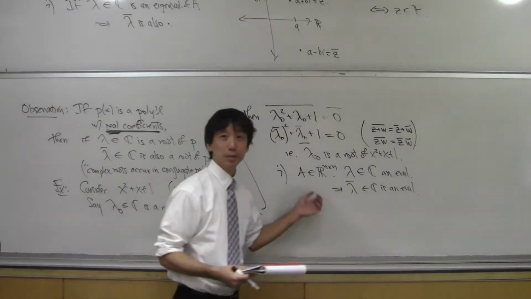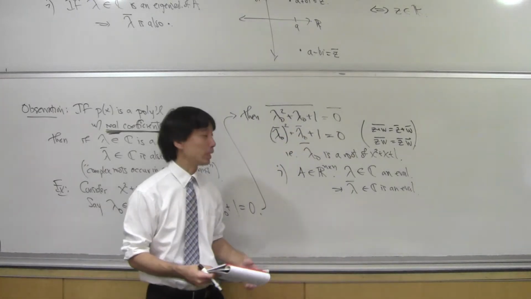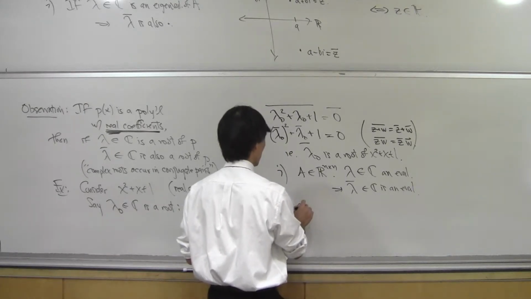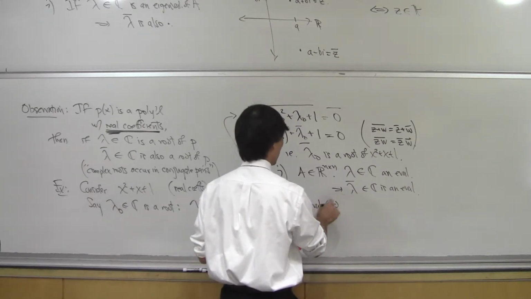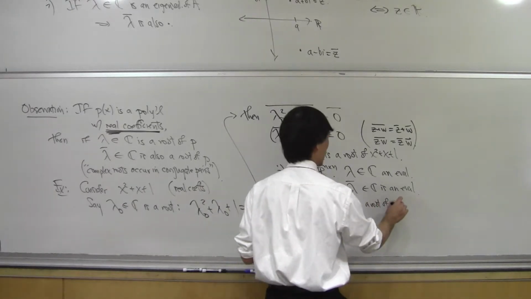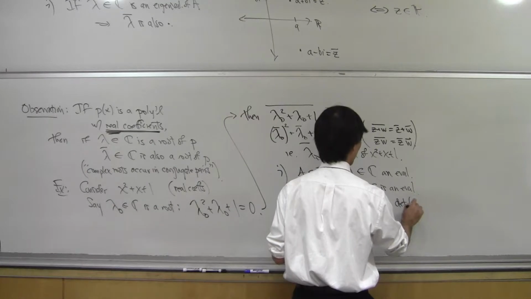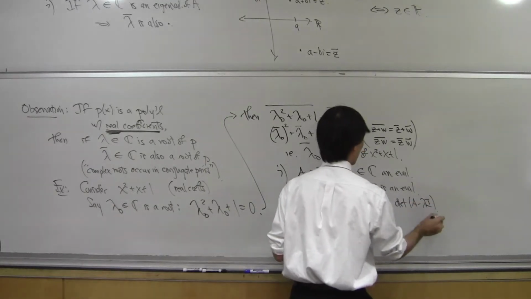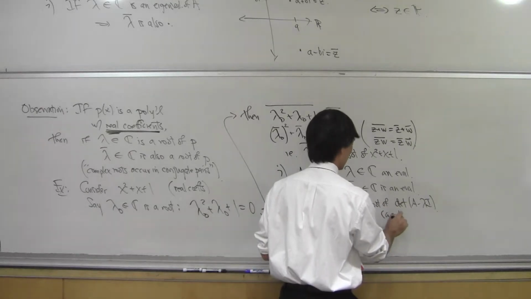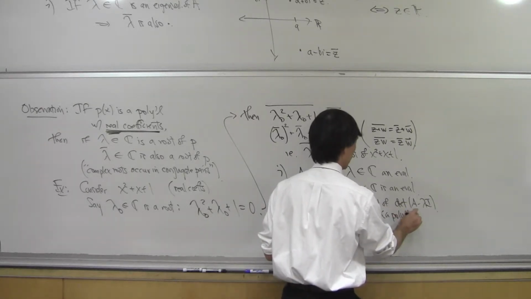But that's just a consequence of what we just said. To be an eigenvalue means that it is a root of the characteristic polynomial, which is a polynomial with real coefficients.